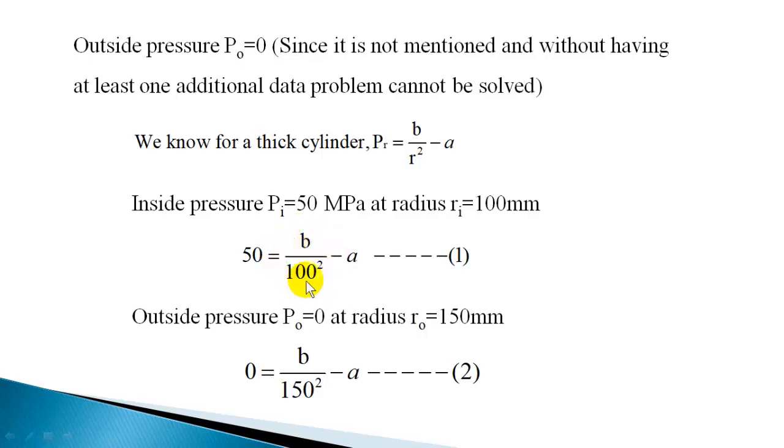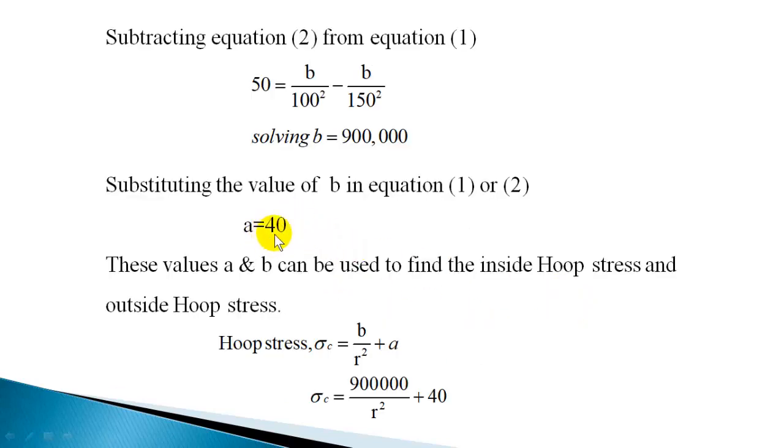So this is going to be 90, and minus A if you take to the left hand side, you will have 90 here, and 50 you take to the right hand side, you get minus 50. So 90 minus 50, you get A as 40. If you substitute in 1 or 2, you will get A as 40.